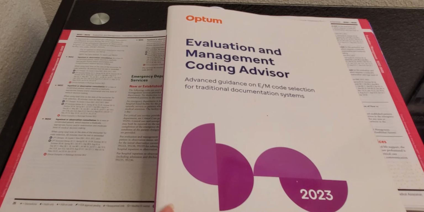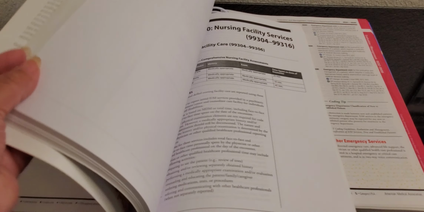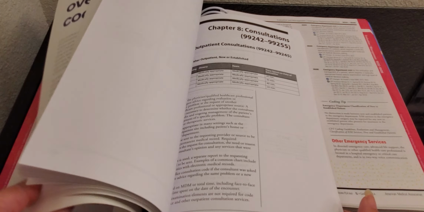But what I will say is this is an awesome book because it is a workbook. You can go through this book and work through it from cover to cover, and it will cover every single evaluation and management level there is. It will explain things very straightforwardly. I love this book, and it's going to give you tests throughout. This is a wonderful book to learn from.